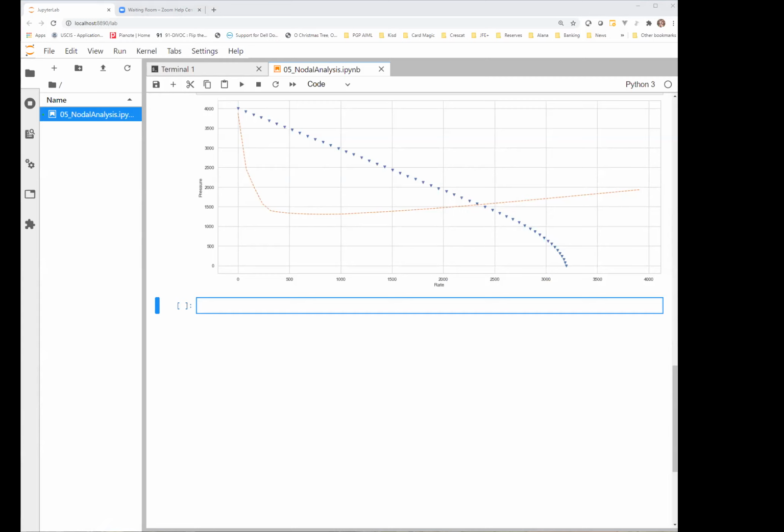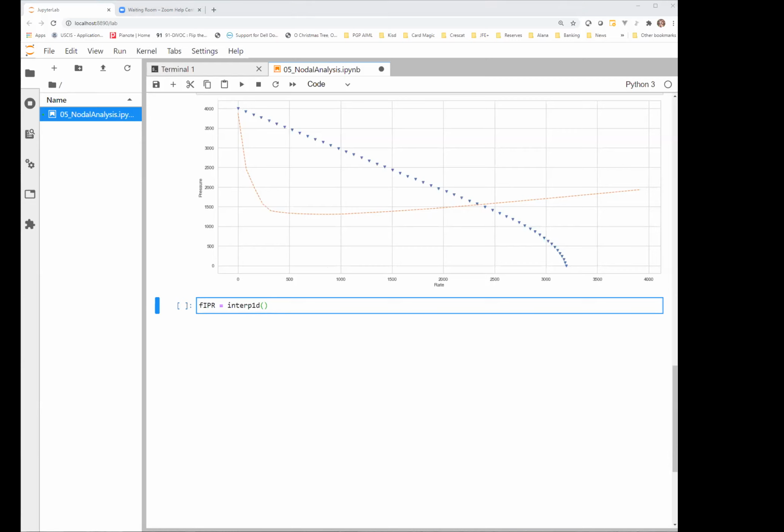So let's go and define a function for the interpolation of the IPR. For this, the input, I need to know for my IPR the pair of pressures and rates.